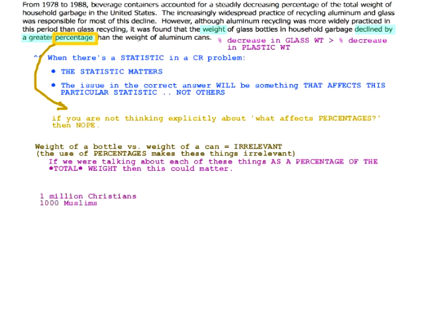Think about percentages being greater. Let's say that goes to 1,300, and let's say this goes to 1.1 million. This would be a 10% increase. This would be a 30% increase. Clearly the size doesn't make any difference. There are so many more Christians.